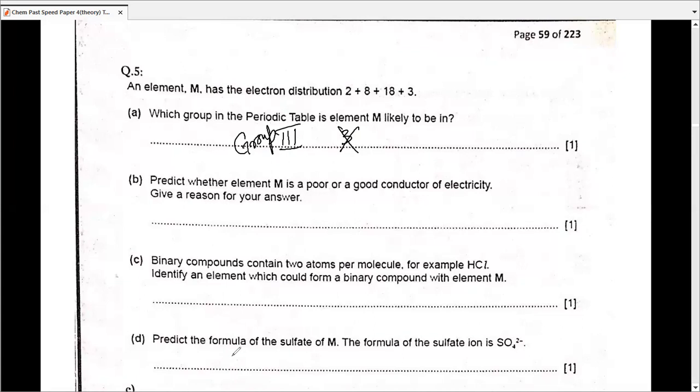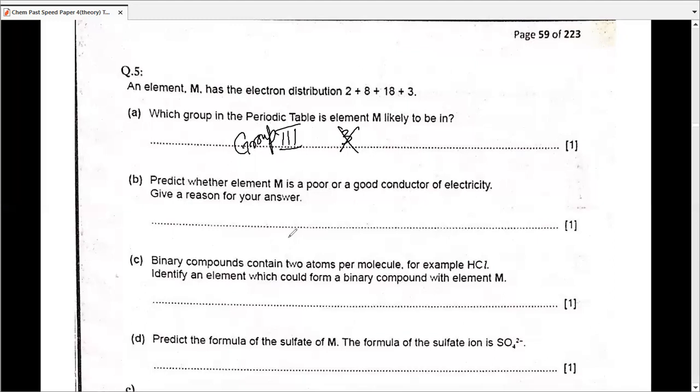Predict whether element M is a poor or a good conductor of electricity. Give a reason for your answer. It is a poor metal because it's in group 3. Did you say poor?